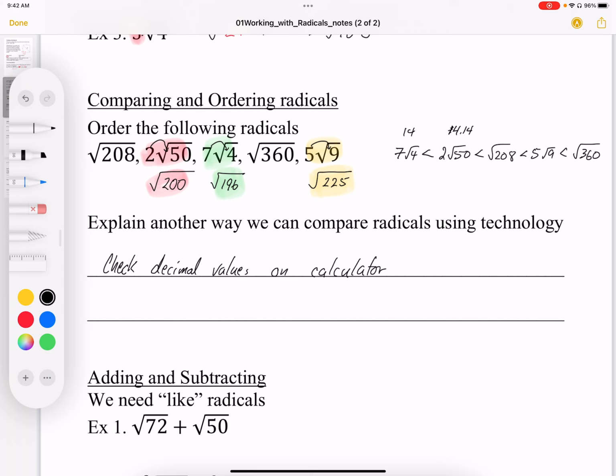Root 208 gives us a decimal value of 14.42, which is slightly bigger. 5 times square root 9, that's going to be 15. And square root 360 works out to be 18.97. So we can see by the decimal values that we have them in the right order.